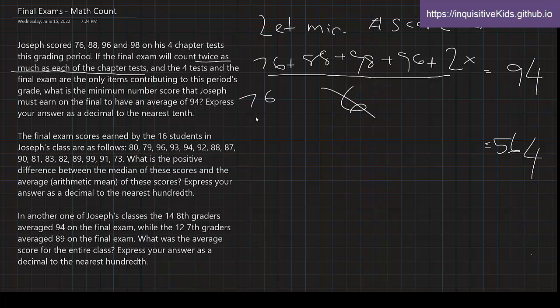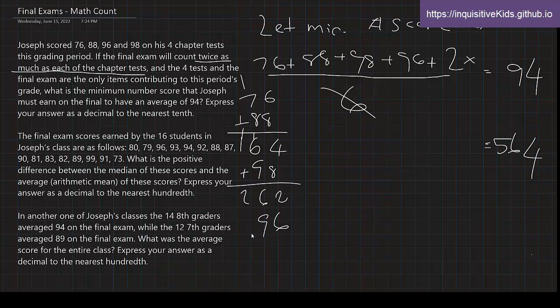So 76 plus 88 gives us 164, plus 98 gives us 262, and then plus 96 is 358. So we know that 358 plus 2x is equal to 564.